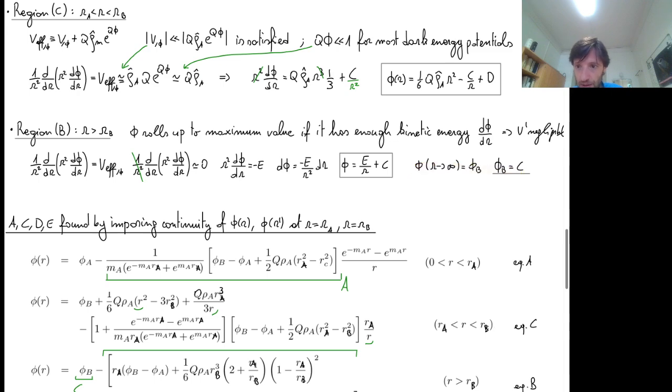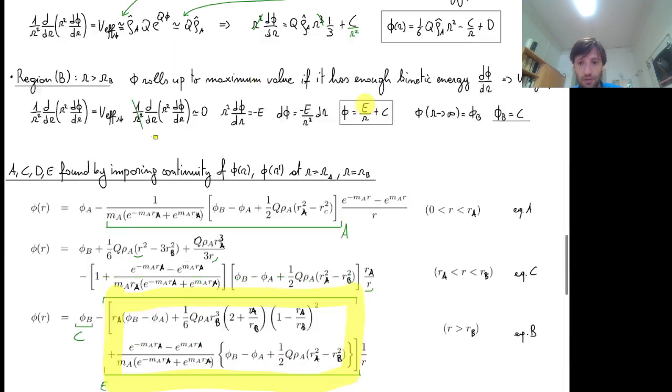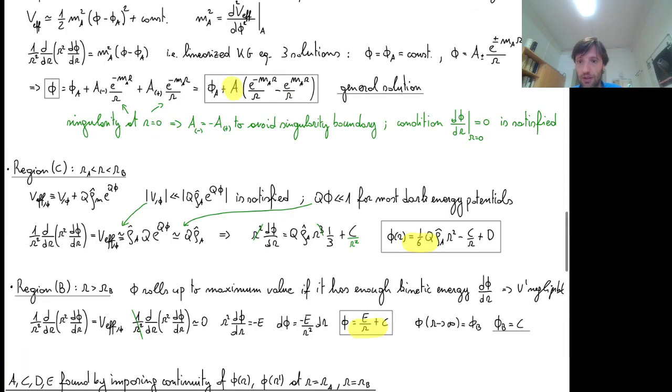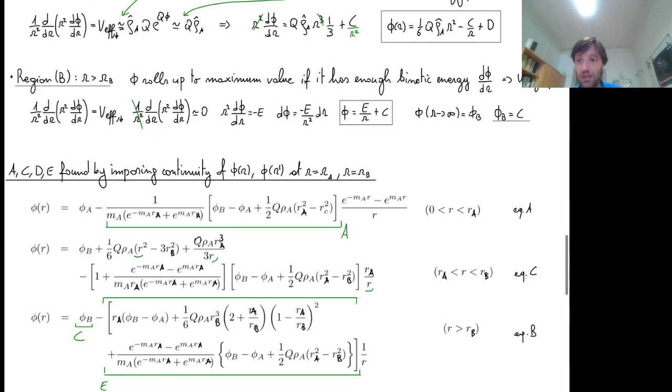So our C is our phi b. And then the E is all this here. So this is a constant, and it's equal to E. Okay, so these three expressions are these three ones here, for the three different patches that we considered.